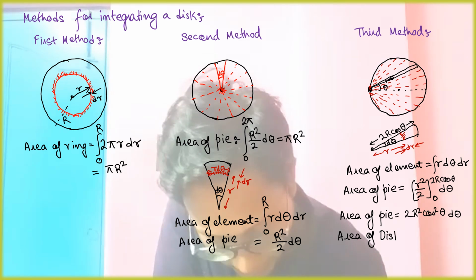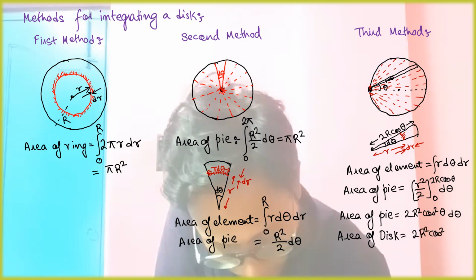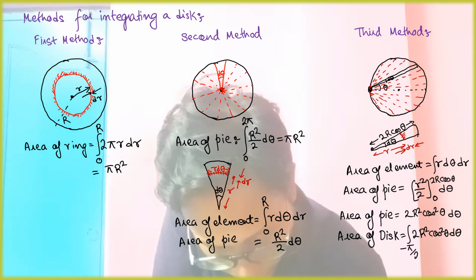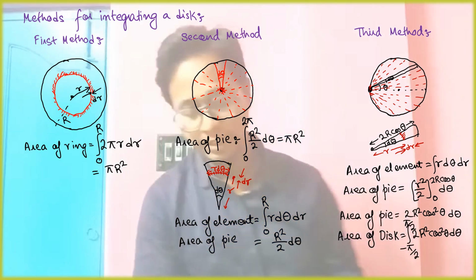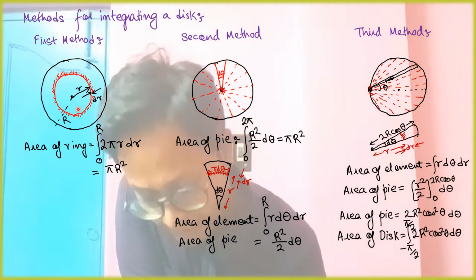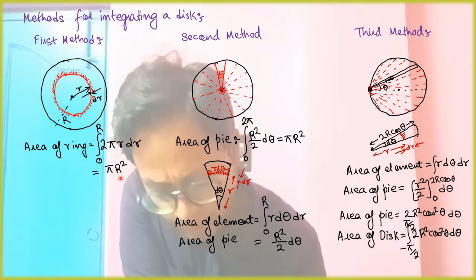So area of disk is nothing but 2r square cos square theta d theta from minus pi by 2 to pi by 2, or minus 90 to plus 90. See out here, the first method was integrating a ring from 0 to capital R. So if I integrate a ring from 0 to capital R, we get pi r square.